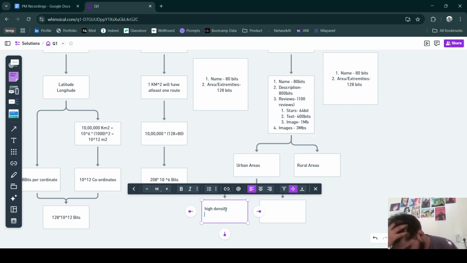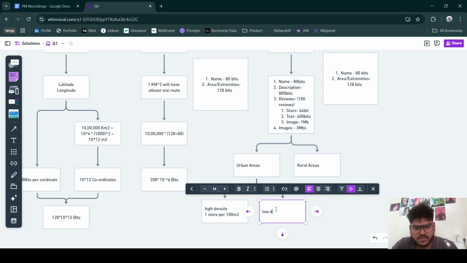High density will have one store per 100 meter square area, and low density will have one store per 1 kilometer square.